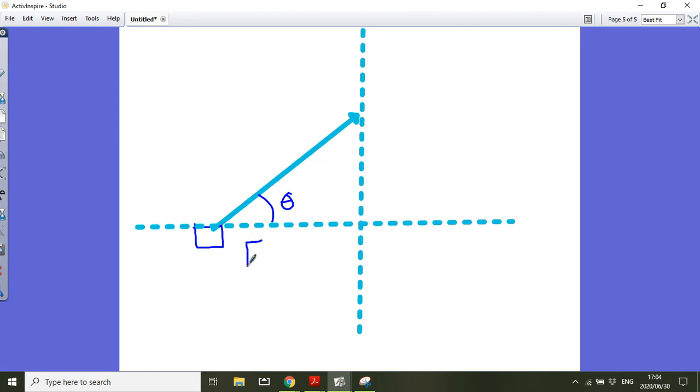So F horizontal, if this is my force F, the horizontal component of F would just be the part of F that's pulling in this direction. Now, if you look at the trig, it's going to be the adjacent side to my angle. So I'm going to say F_H over F is equal to adjacent over hypotenuse, because theta.